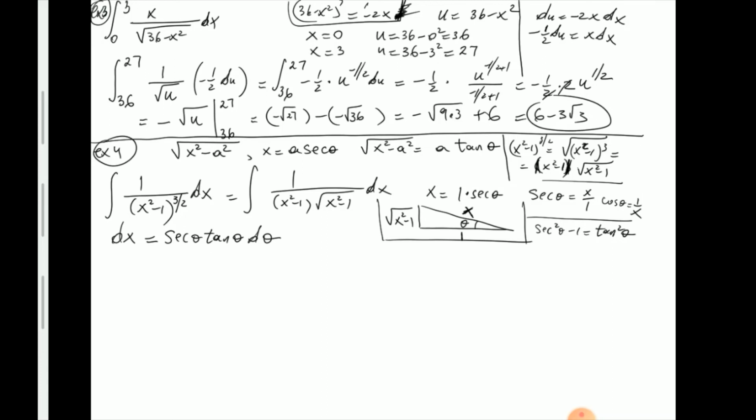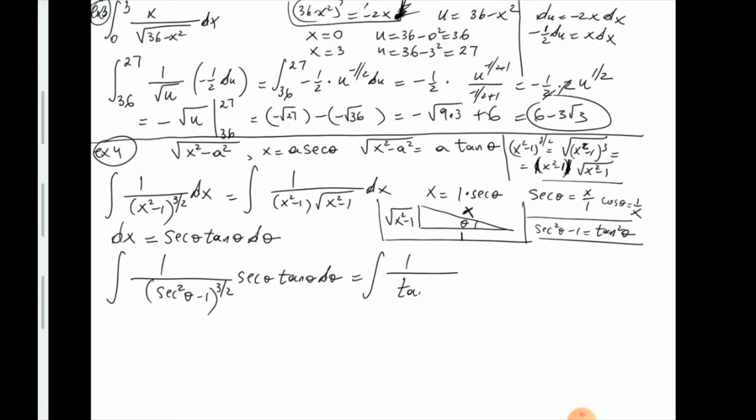It's going to be 1 over secant squared theta minus 1 to the power 3 over 2, and then dx is secant theta tangent theta d theta. Secant squared minus 1 is tangent squared, as I mentioned here. So it's 1 over tangent squared theta to the power 3 over 2. So pay attention to the algebra here.